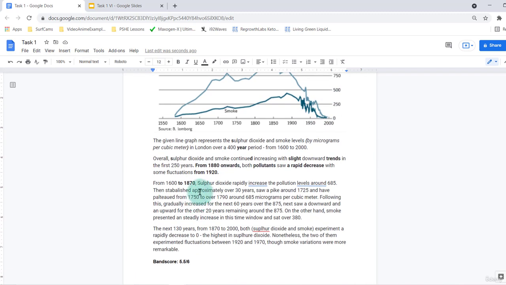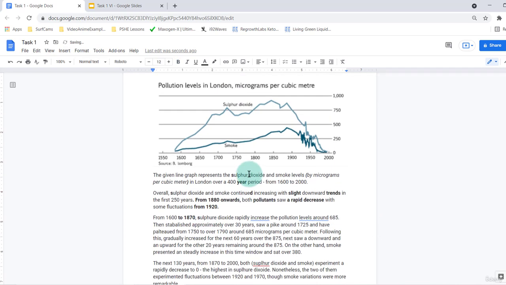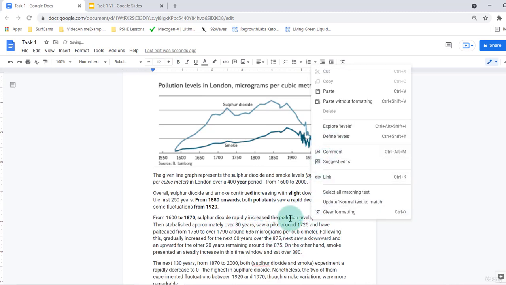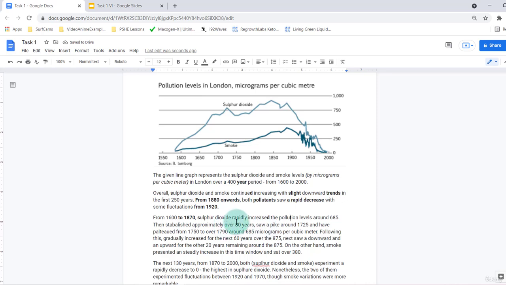From 1600 to 1870, sulfur dioxide. Oh, sorry, I'm spelling it wrong now. Sulfur dioxide rapidly increased. So we can see that Google's even pointing these things out again. Sulfur dioxide rapidly increased the pollution levels to, let's say, around 685 micrograms.